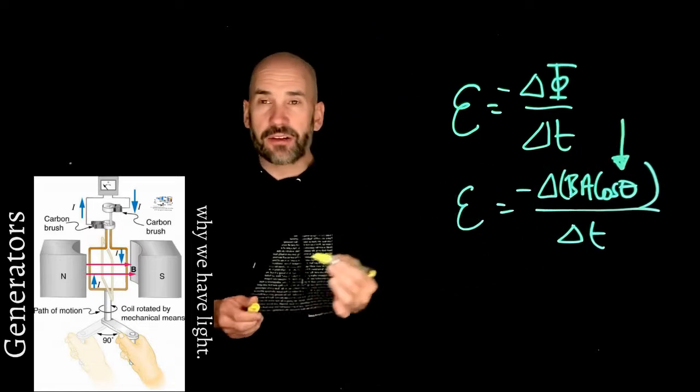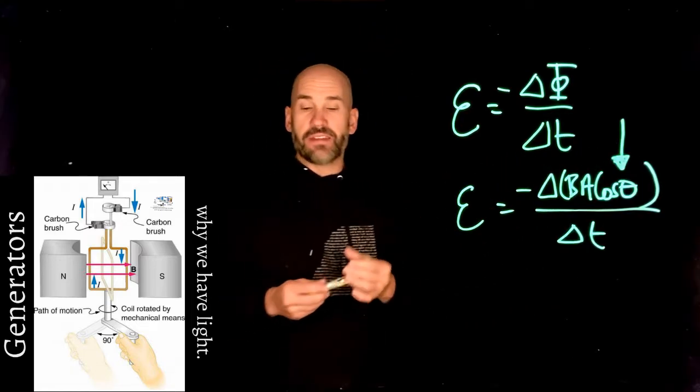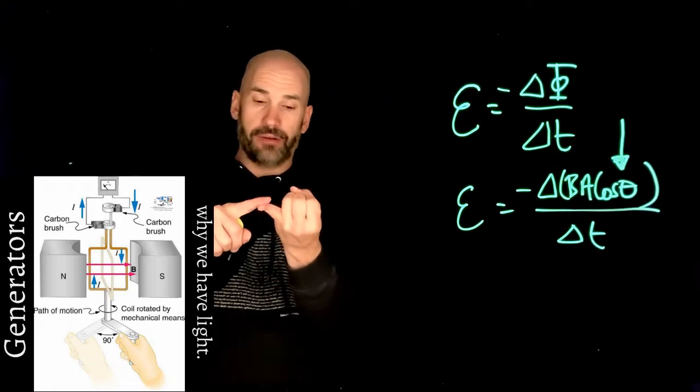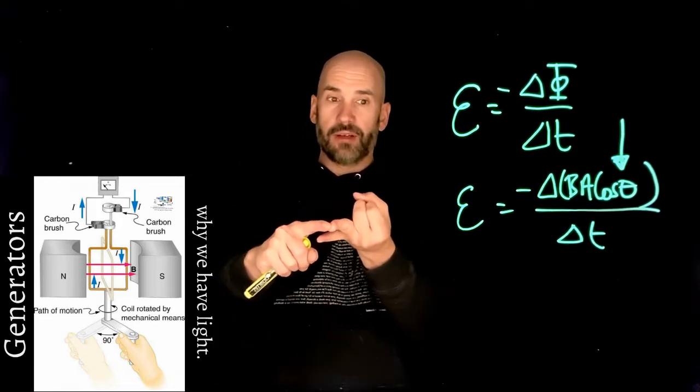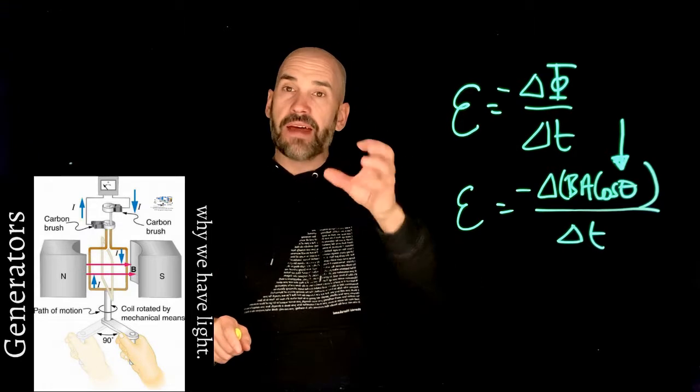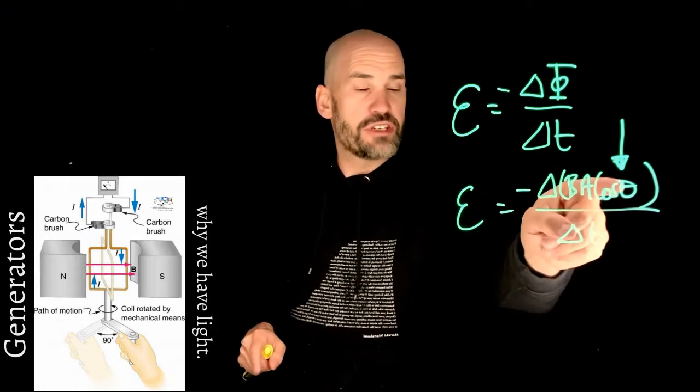Because mechanical generators work in such a way that you have some mechanical object, either water, wind, steam, that turns a turbine, and that turning turbine changes the theta.